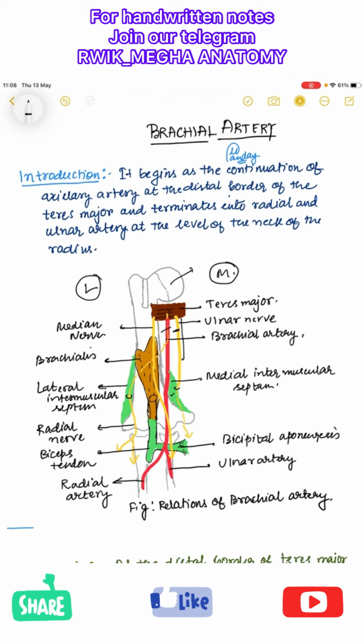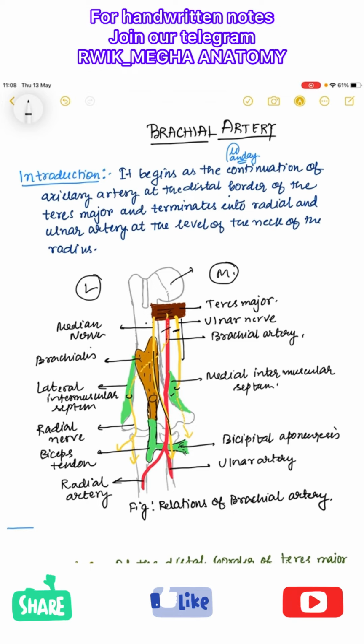And in the lower part, you see this median nerve, which was initially on the lateral side, crosses the artery in front, and at the lower part, that is in the cubital fossa, this median nerve comes to lie medial to the brachial artery.